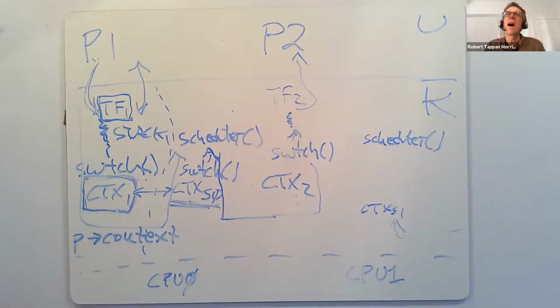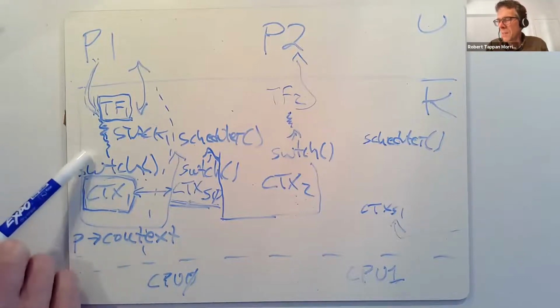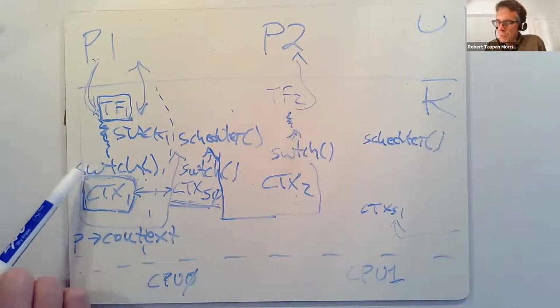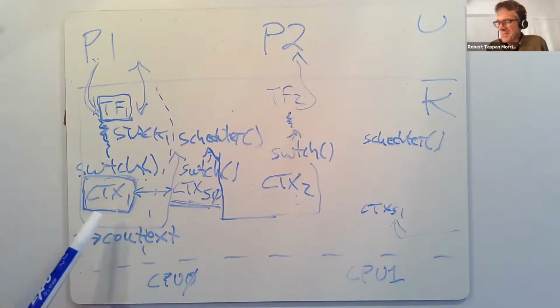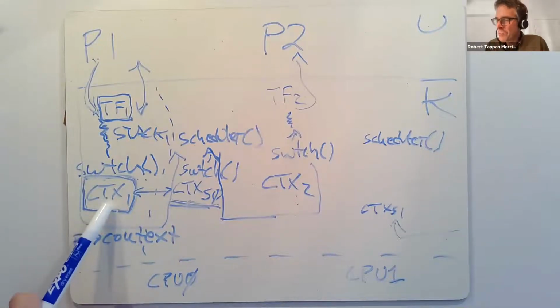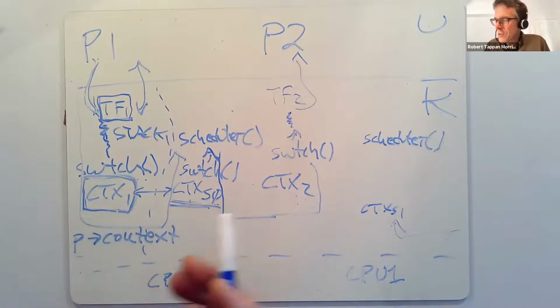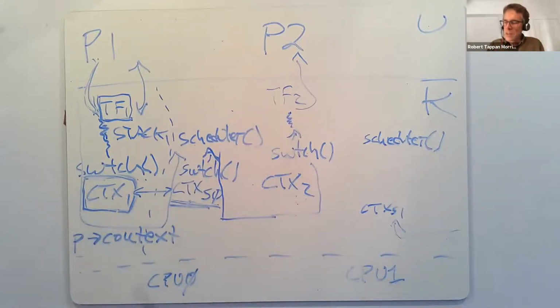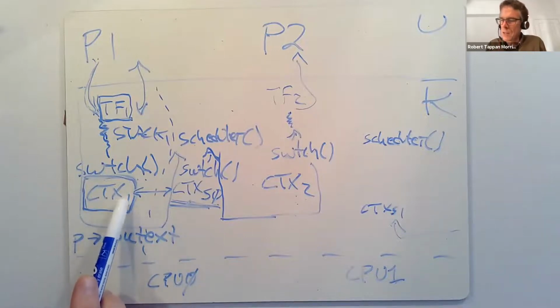The system call will realize, I need to wait for the disk to finish reading something. The system call code will call sleep, which ends up calling switch, which saves away the kernel thread registers in the process context and switches to this current CPU's scheduler to let some other thread run while this thread is waiting for the disk read to finish.